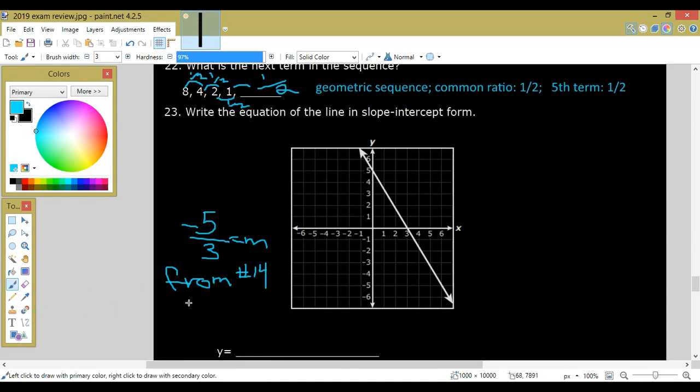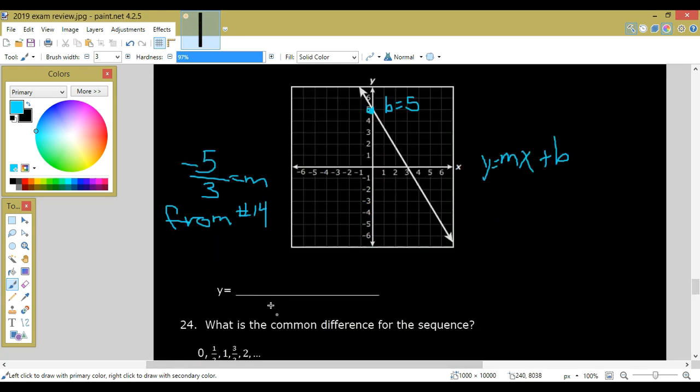Now we're going to find b. b is the y-intercept. That's where it crosses the y-axis. b equals 5. So we have the equation y = mx + b, y = -5/3 x + 5. And that's our equation in slope-intercept form of this line.